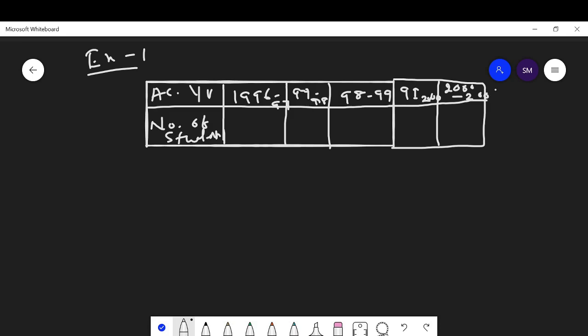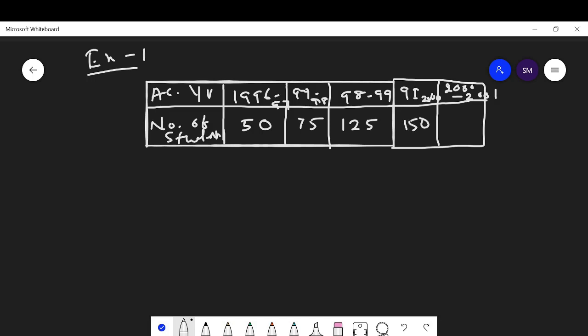Then the number of students during 96 to 97 is 50, during 97 to 98 is 75, and during 98 to 99 is 125. We have to represent this in a bar graph.